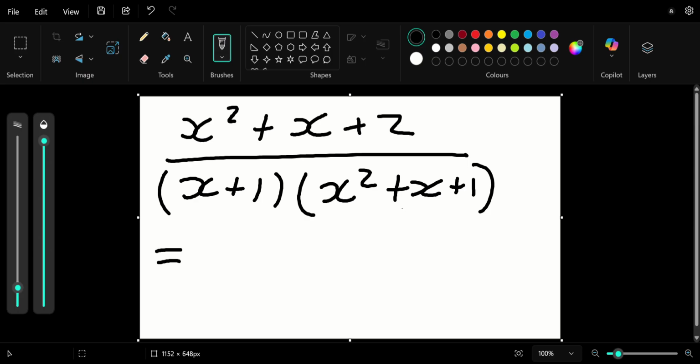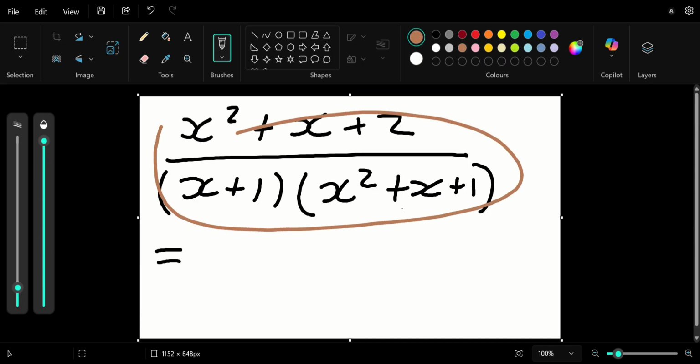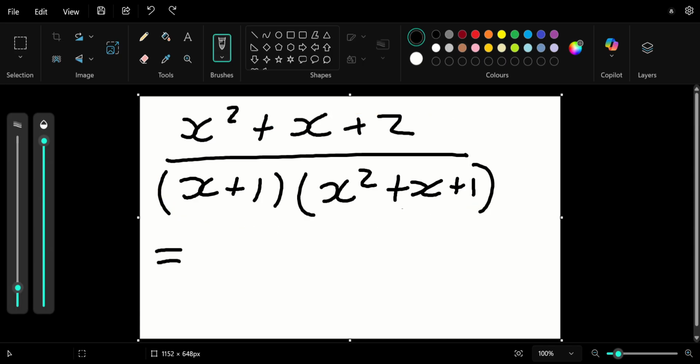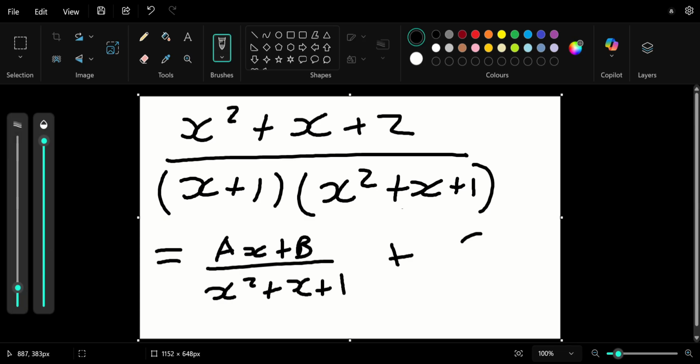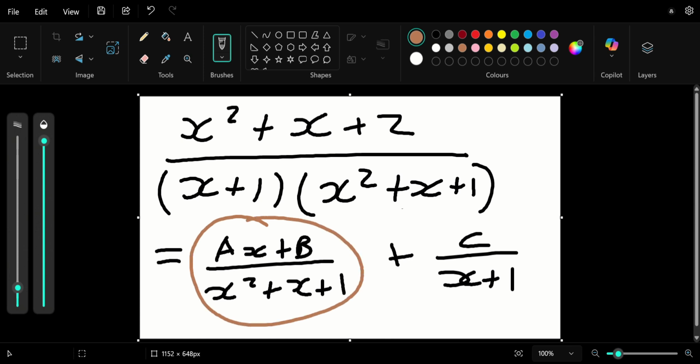So we can say that this whole fraction has to be equal to the following expression: ax plus b over x squared plus x plus 1, plus c over x plus 1. This is the most common form of expression for a quadratic that can't factorize.